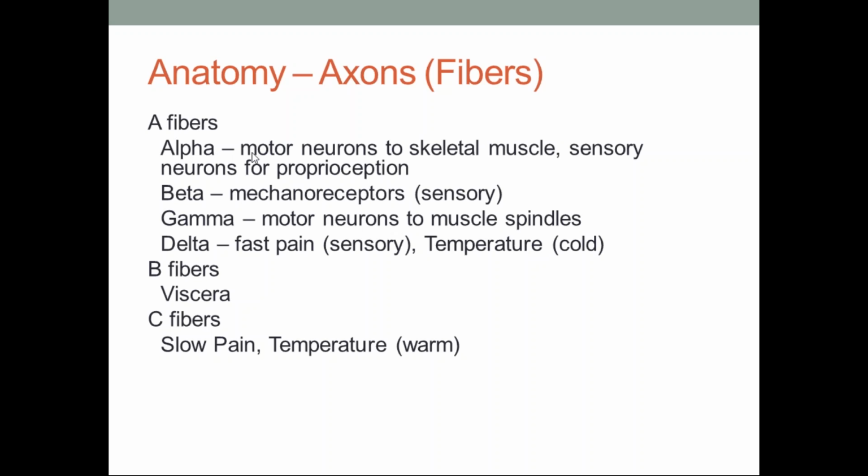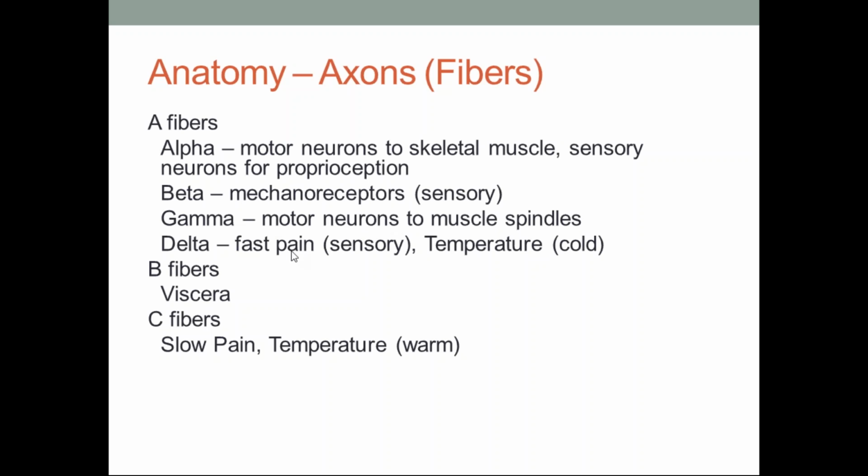So the A alpha will be your motor neurons to your skeletal muscles, obviously need to be your fastest neurons, and your sensory neurons for proprioception, because your reflexes need to be really fast as well. A beta, second fastest, mechanoreceptors, so your touch, pressure, vibration. A gamma are your motor neurons into your muscle spindles, and A delta would be your fast pain.